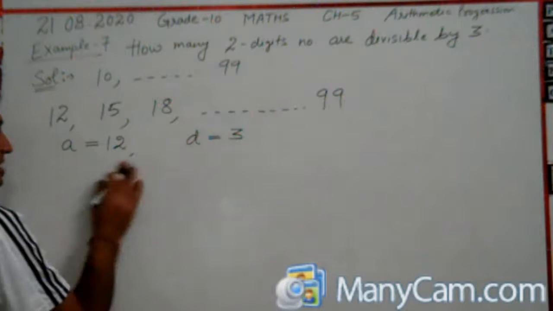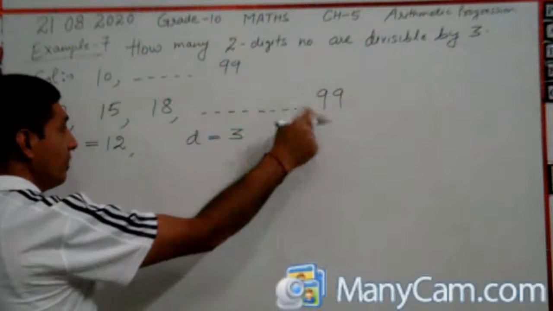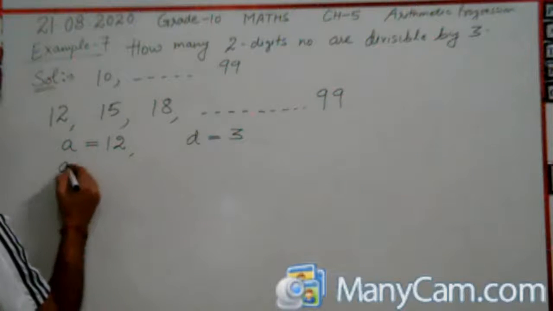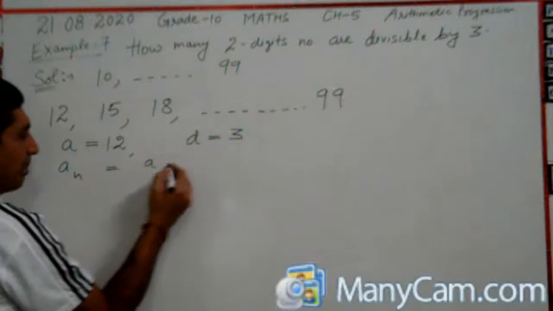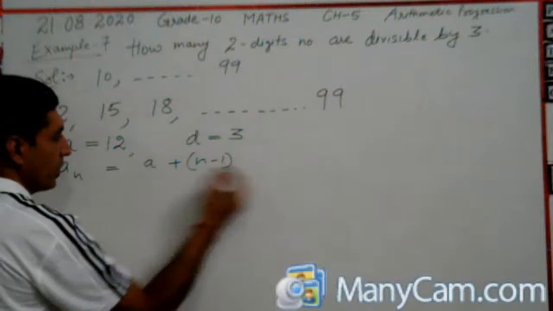So the formula is an equals a plus n minus 1 into d.